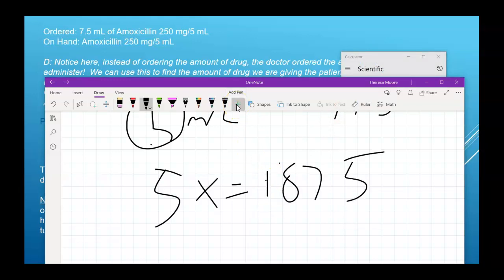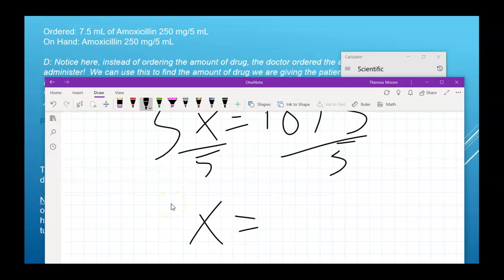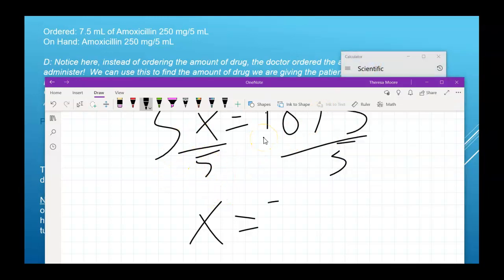So to find out what x is, you divide by 5 on both sides. 375. So if we give the patient the 7.5 milliliters of liquid, we'll be administering 375 milligrams of drug.